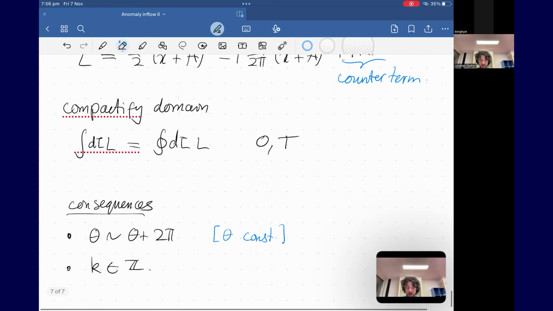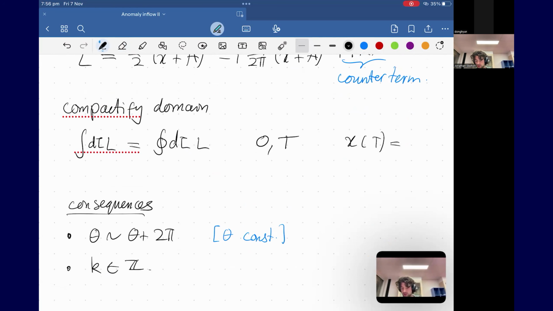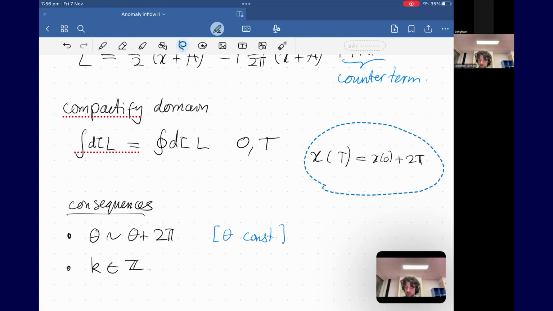And then for simplicity, I'm just going to say that x of t is going to be x0 plus 2 pi. So it just has like a winding number of 1. So this will be like a genuine period.